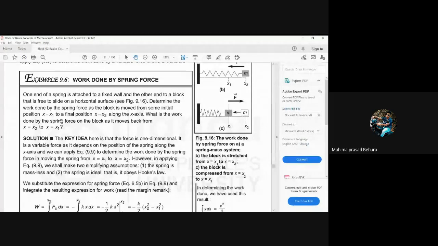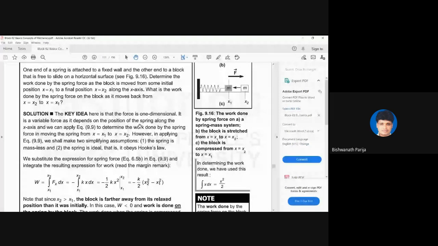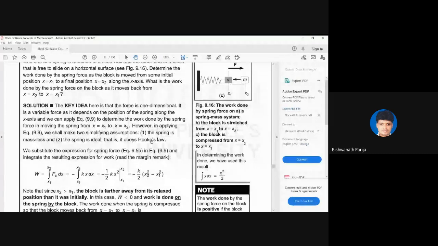Clear, sir. Yes, sir. So, work done by spring force. Already you know how much work will be done by the compression or expansion of a spring. You remember the spring work formula: minus k by 2 times x2 square minus x1 square. Because here the work done formula is the integral of F dx, with position changing from x1 to x2, and the spring force is minus kx.